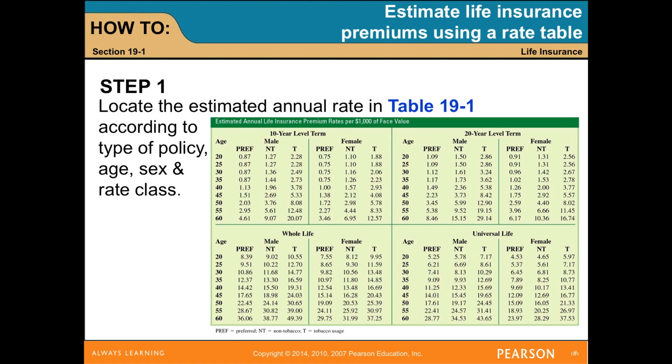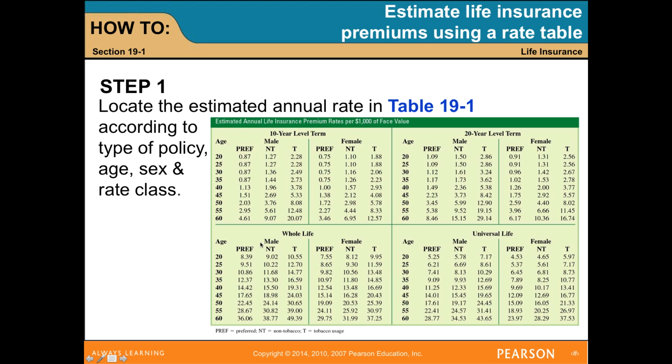How to estimate life insurance premiums using a rate table. The first step is to go to your table in Chapter 19, Table 19-1, organized according to type of policy, age, sex, rate, and class. We're not going to go extremely into this.